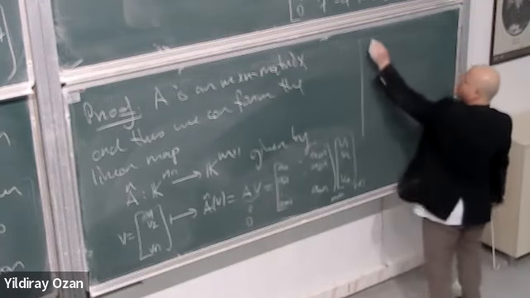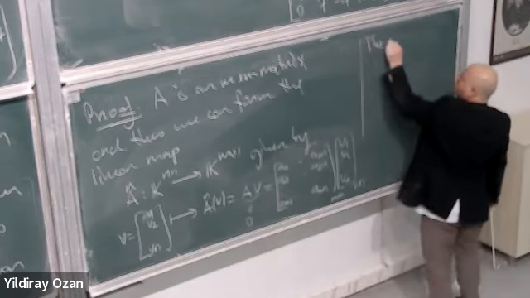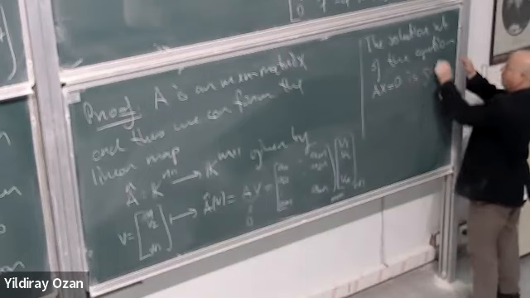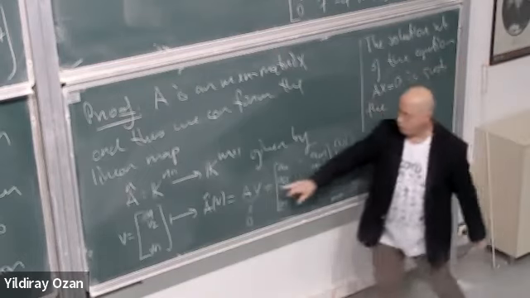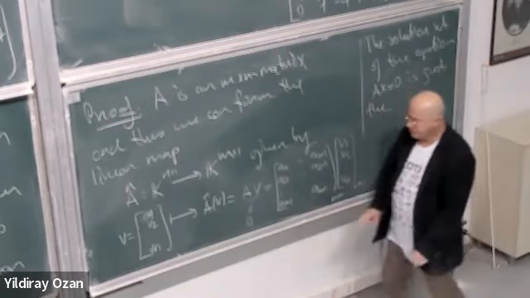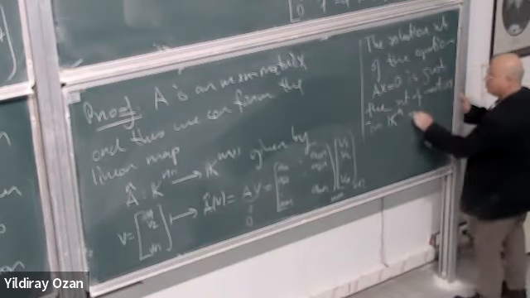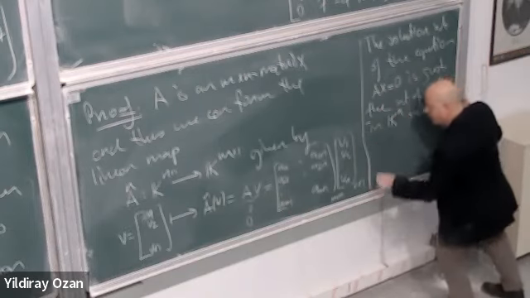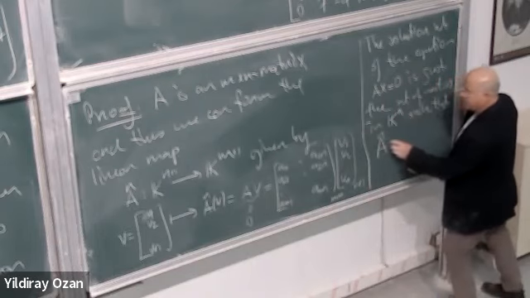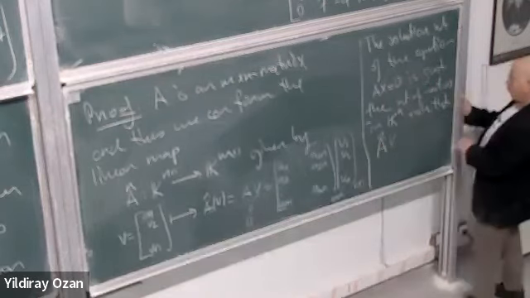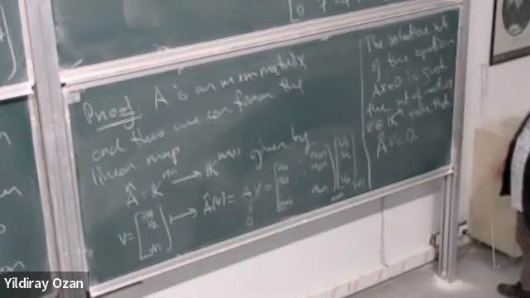So the solution set of the equation AX equals 0 is just the set of all vectors V in Kn such that A hat V is the 0 vector.